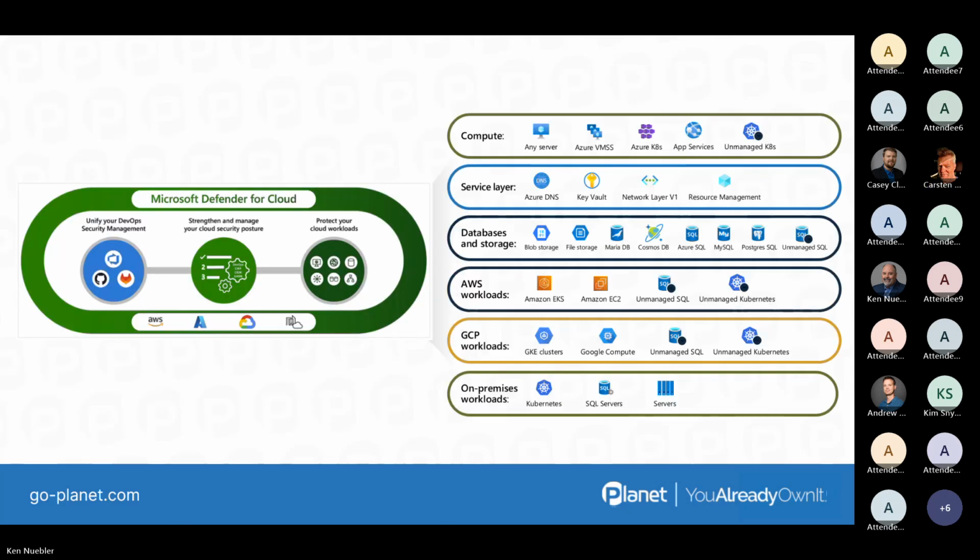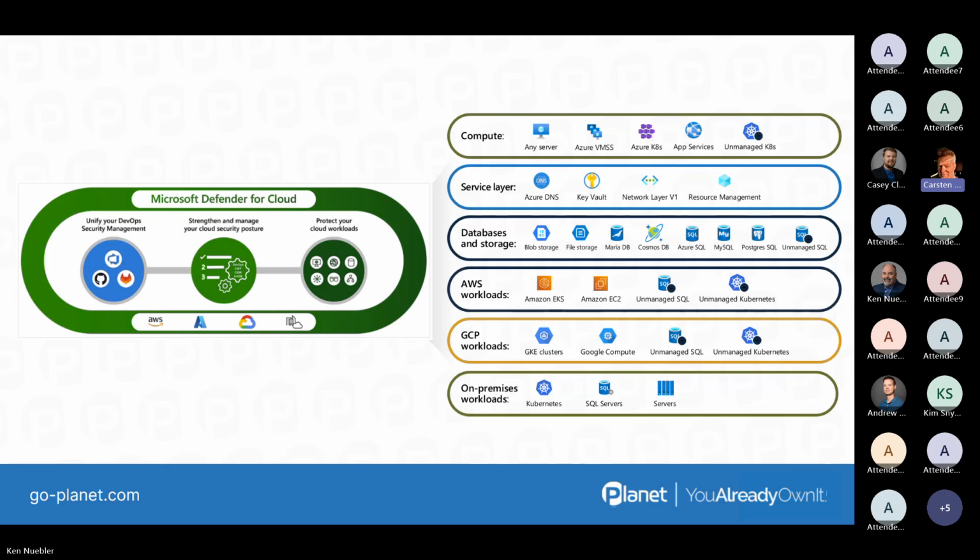Diving a little bit deeper from the first slide, you'll see the various areas of protection. There is, of course, a compute layer of Defender for Cloud protection, the service layer, database and storage layer, the remote workloads such as AWS and GCP, and on-prem workload.